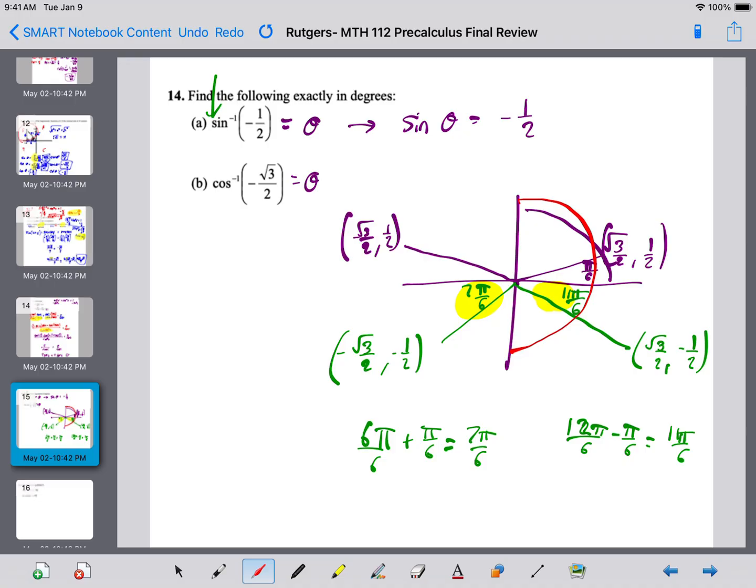Oh, it says find the exact value in degrees. Okay. 11 pi over 6 times 180 over pi. We'll do the next part in only degrees. Pi cancels out.